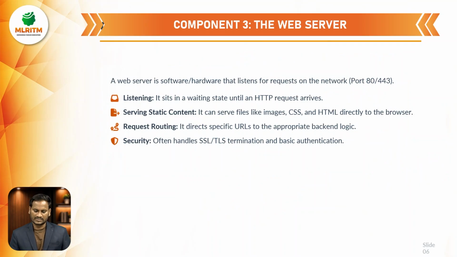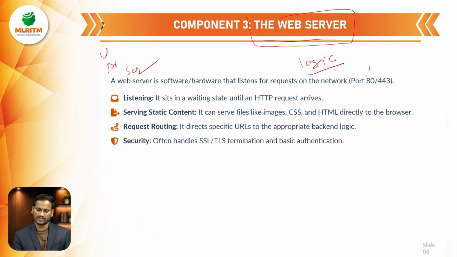So the next component, the third one, is the web server. We have seen the user and the web browser. Now the web server: whatever input is taken from the user, the browser will reach out to the server. In the web server, only the logic plays. Here the JavaScript code executes whatever the user gave.